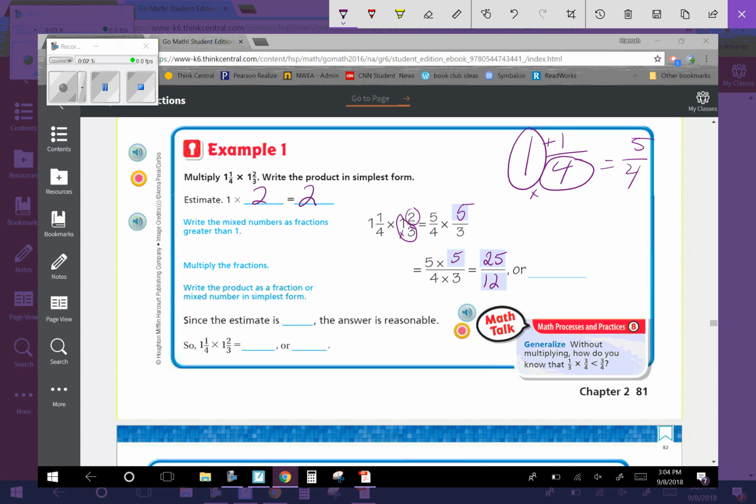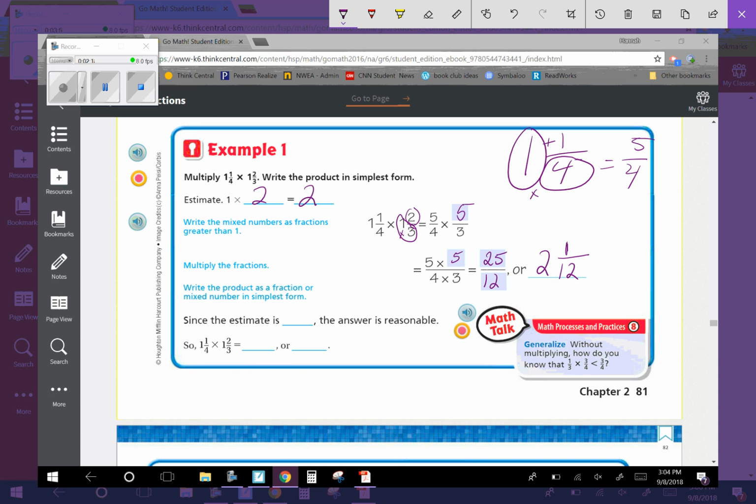25/12 can be simplified down, so we need to write it as a mixed number. So 12 goes into 25 2 times, which is 24. 25 minus 24 is 1. So I have 1 out of those 12 left. Remember, if you need to write that out as a division problem, you can, and the remainder is what you would put over the denominator.